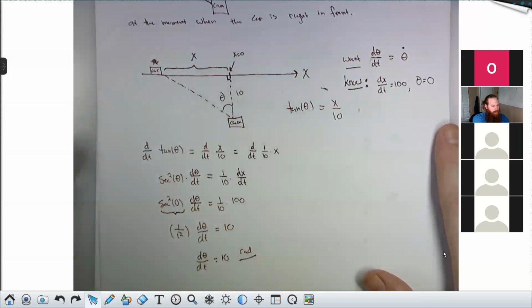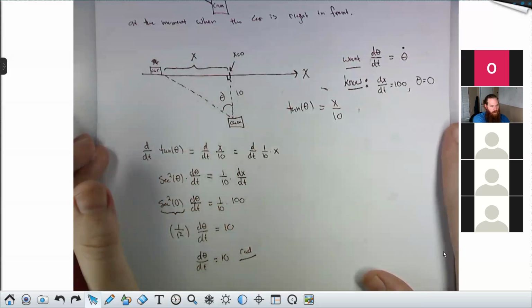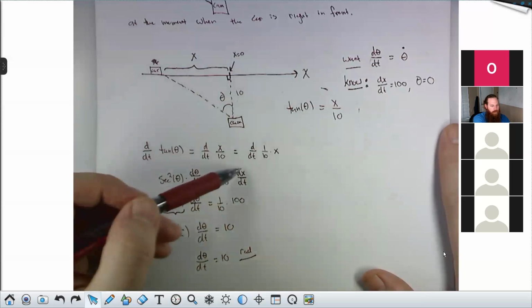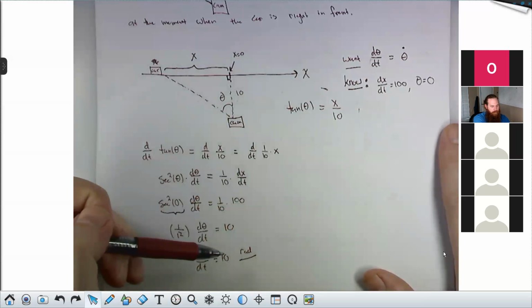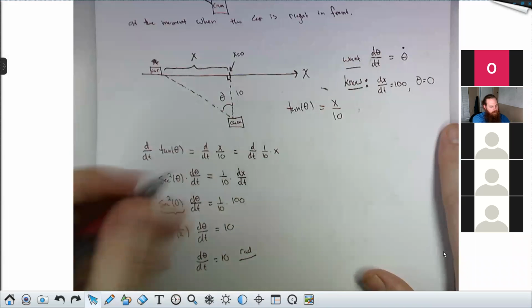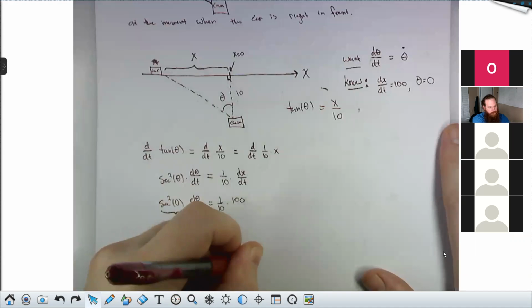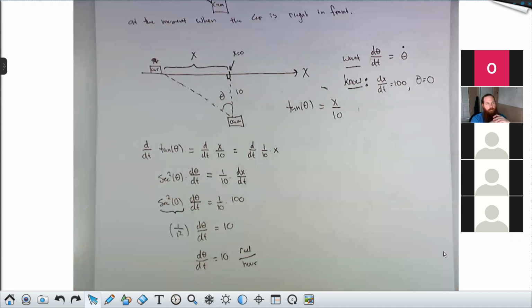Rad per, but what am I measuring time in? What were the units of dx dt? Miles per hour. Yeah, miles per hour. So this is actually radians per hour. Cool, right?